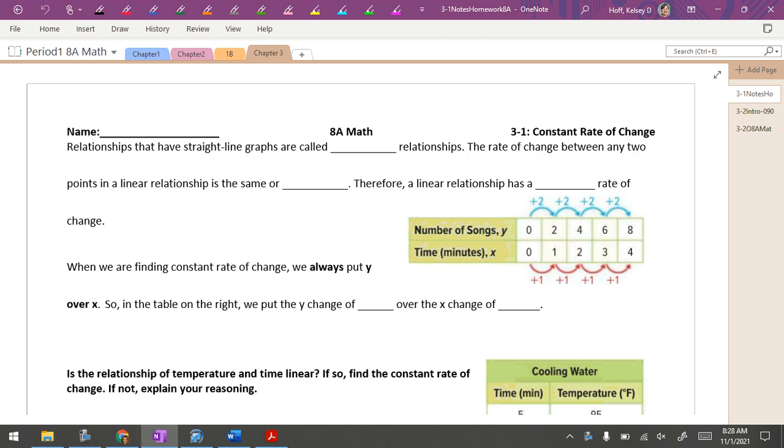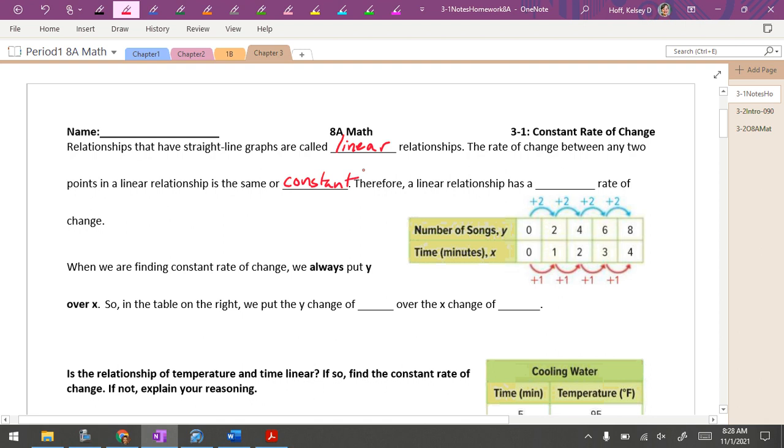All right. Relationships that have straight line graphs are called linear. Notice it has the word line in it. Linear relationships. The rate of change between any 2 points in a linear relationship is the same, or we use the word constant.